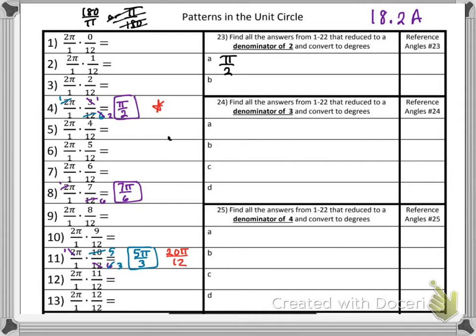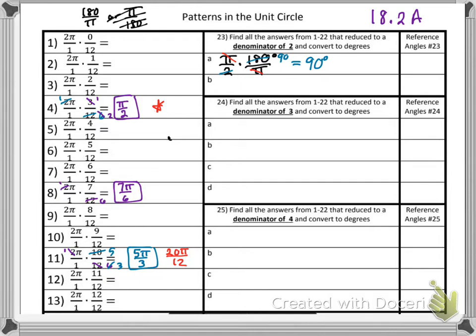So we're going to be using times 180 over pi. I'm going to cross out my pi's, and I'm going to say 2 goes into 180 90 times. The answer to this is 90 degrees.